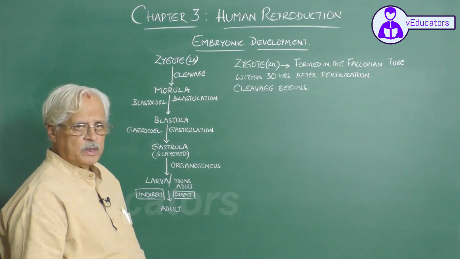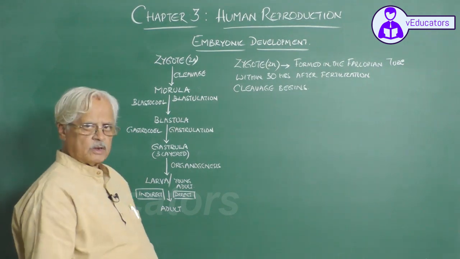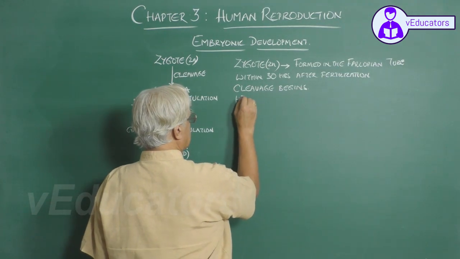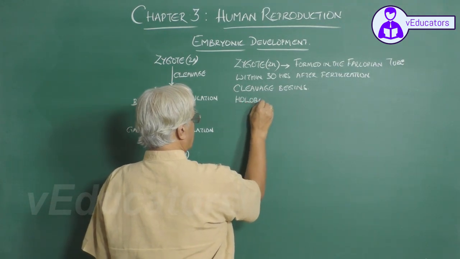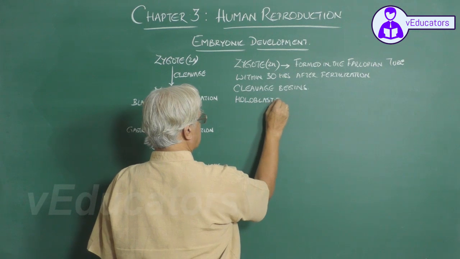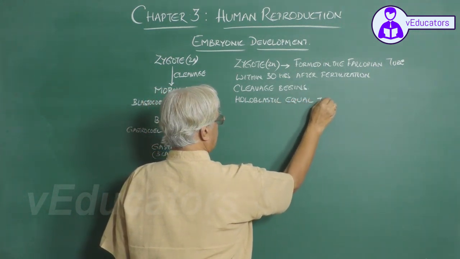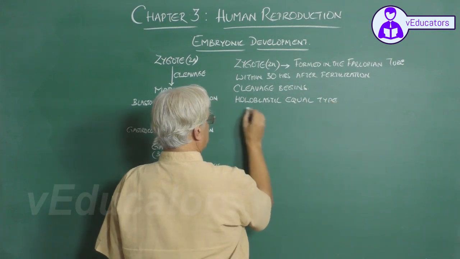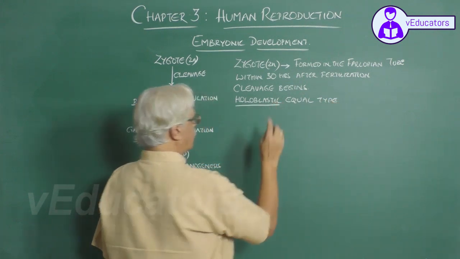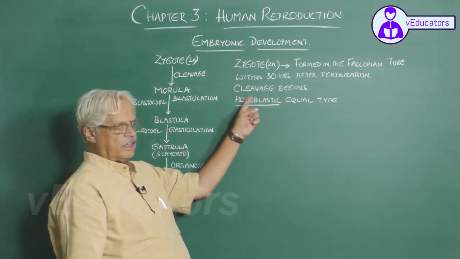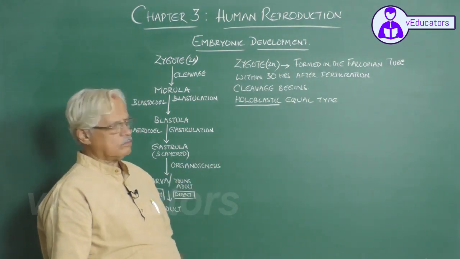In the case of human beings, like in most other mammals, cleavage is described as holoblastic equal. It is called holoblastic because the entire egg undergoes division.